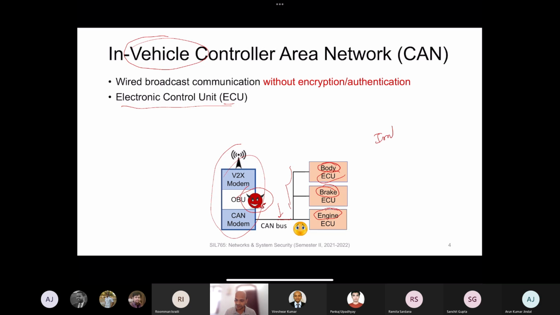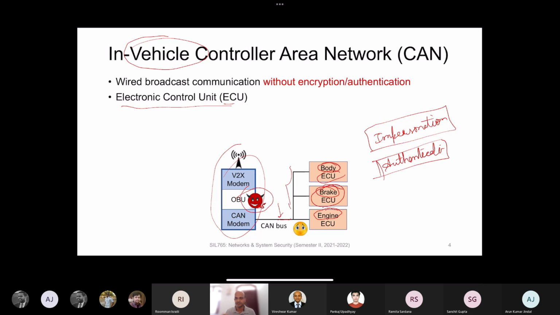So it will try to do impersonation attacks, and let's say it will try to impersonate the brake ECU and send a message saying engage the brake, and then the brake will get engaged. So the attacker could do all these kinds of attacks, but then the best way to prevent such attacks could have been to implement what we have been studying, which is authentication.